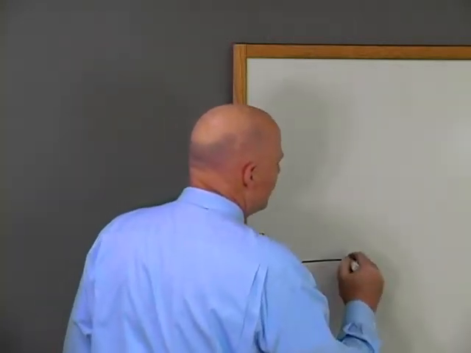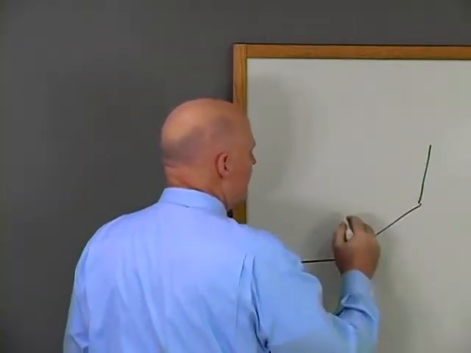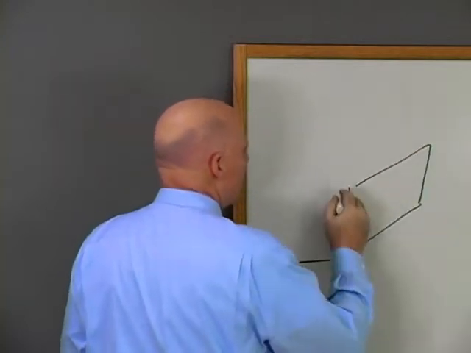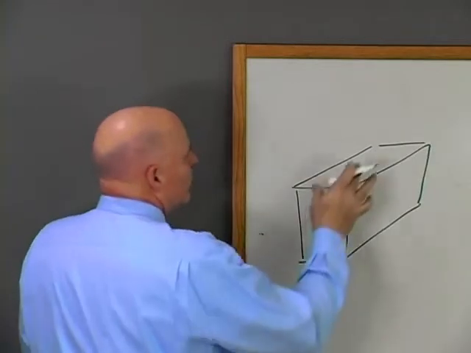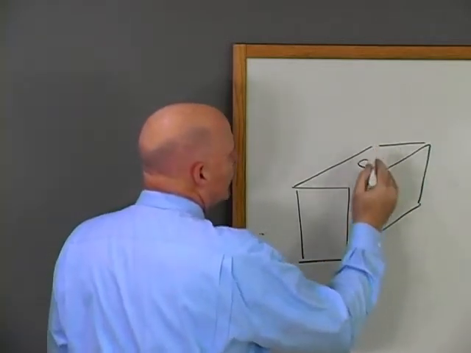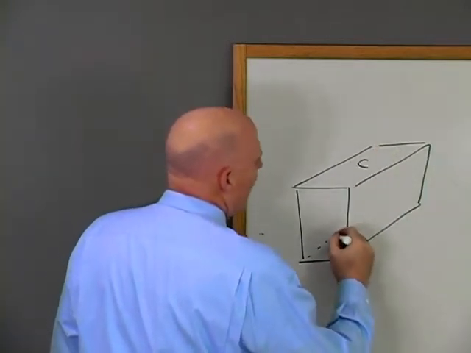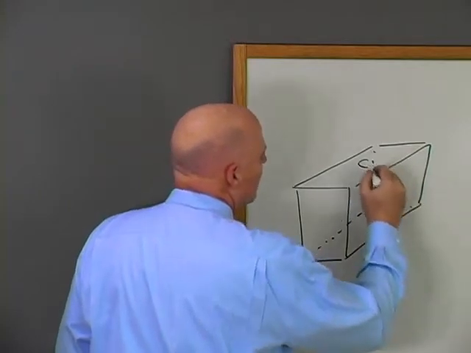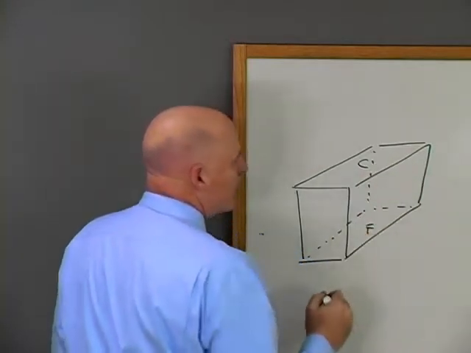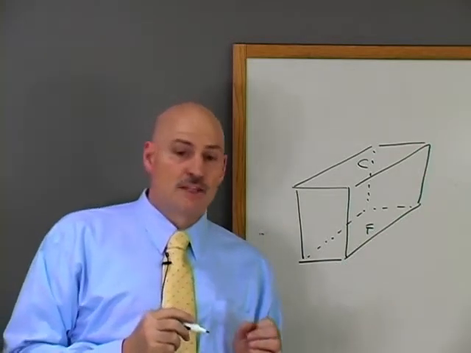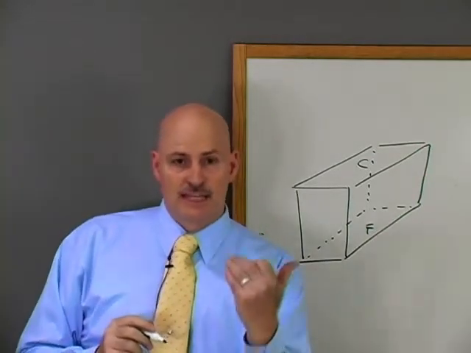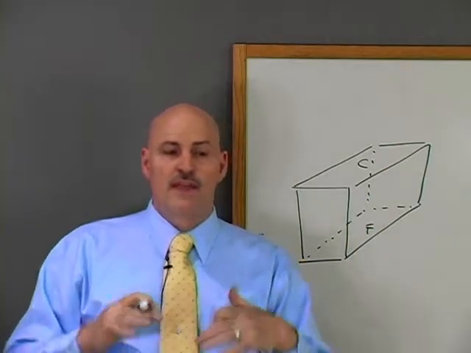So here are your shapes. Here would be the ceiling, kind of hiding underneath, and there's the floor. Would they be the same? Yeah, so all you have to do is find the ceiling or the floor and then double it.